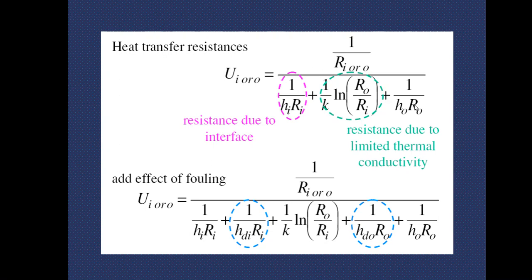If there is no fouling, this is only your summation of resistances. If there is fouling, you have to add this: the fouling caused by the deposit on the inner part of the tube, and the fouling caused by the deposit on the outer part of the tube.